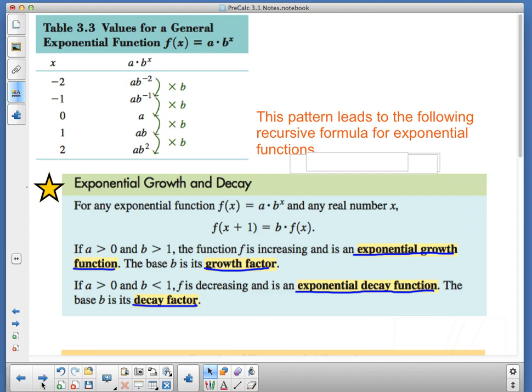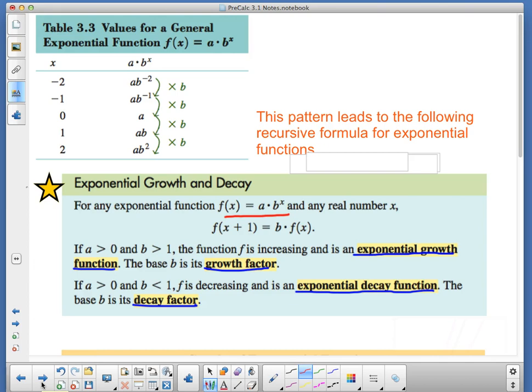Now, values of a general exponential form. Pattern leads to the following recursive formula. Okay? So we're looking at this, and we're talking about the general exponential function, and we are multiplying by b as we go. So we got this recursive formula, which is interesting to me, that they talked about it this way. Keep in mind f of x here is this value, okay?